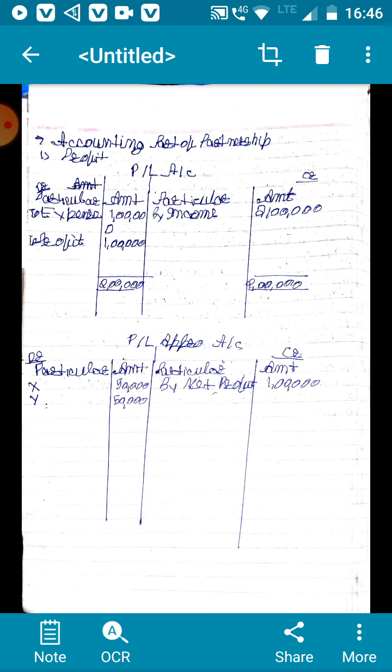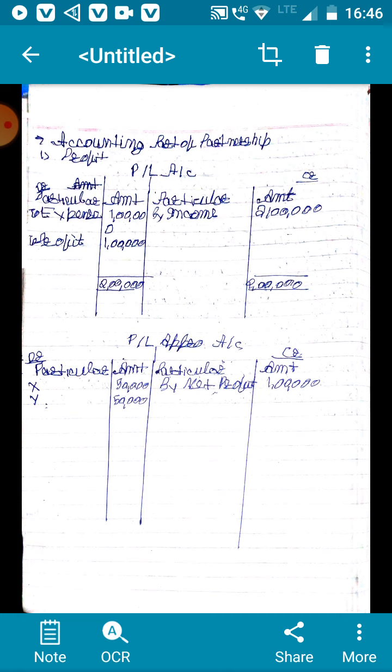In debit, all expenses are written, and in credit, all incomes are written. Because the formula of debit is what goes out: what is going out from the business is debited, and what is coming in to the business is credited.